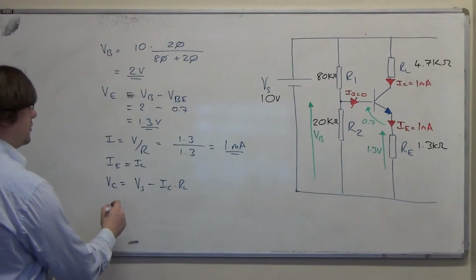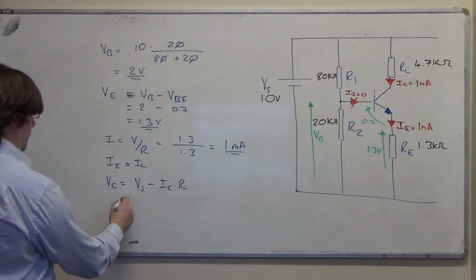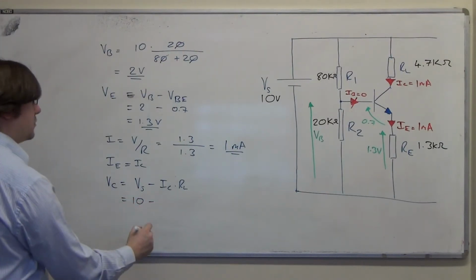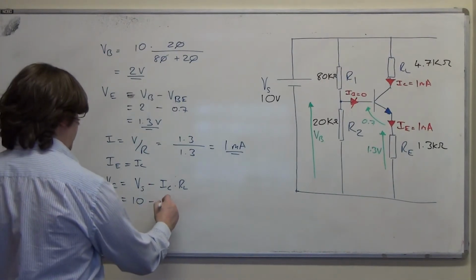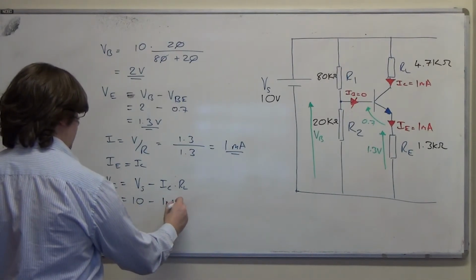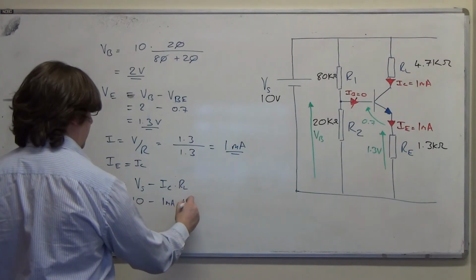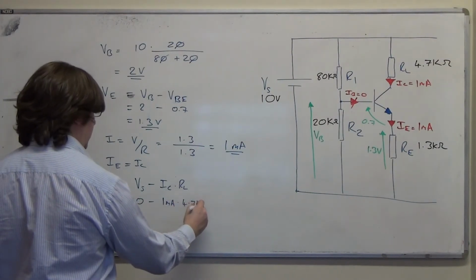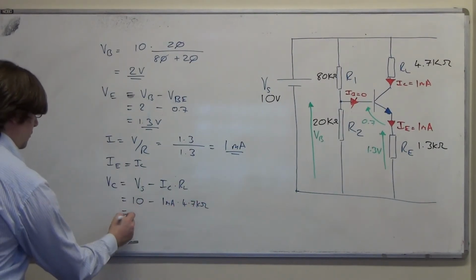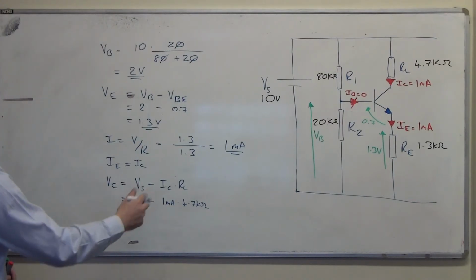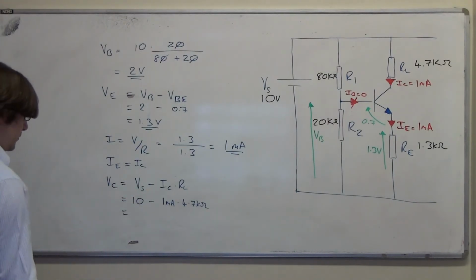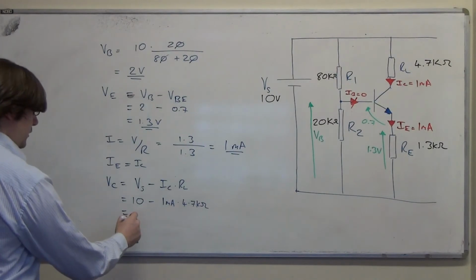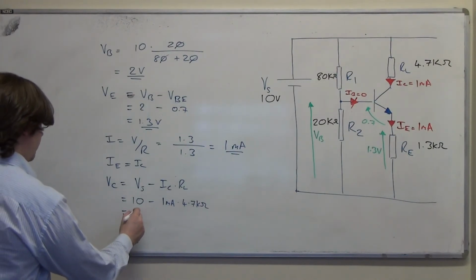So in that case, we can say 10 minus 1 milliamp times 4.7 kiloohms, and this will leave us with 10 minus 4.7, which is 5.3.